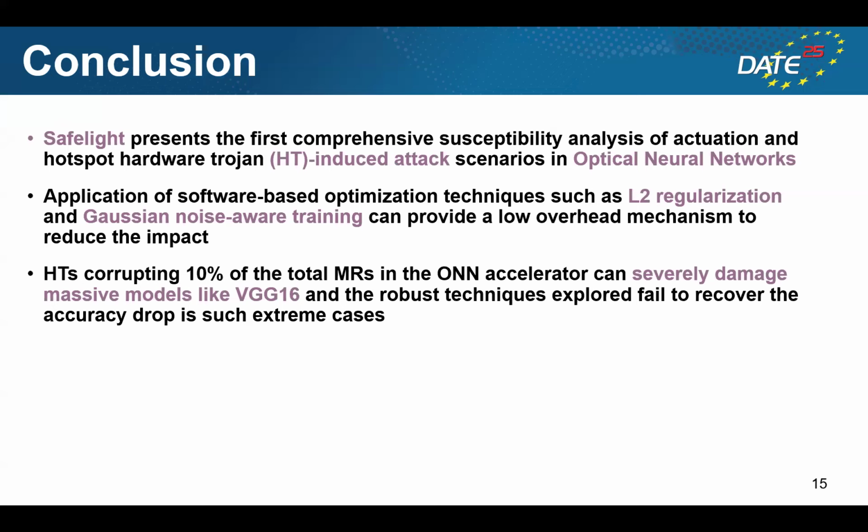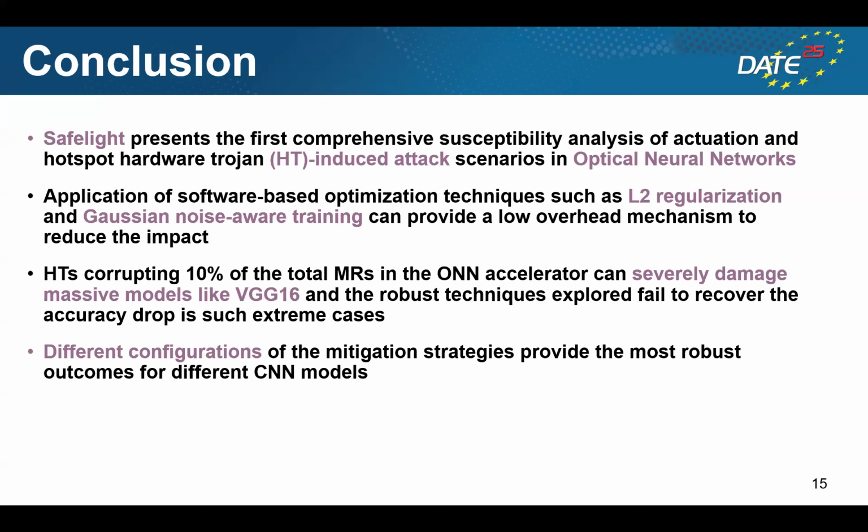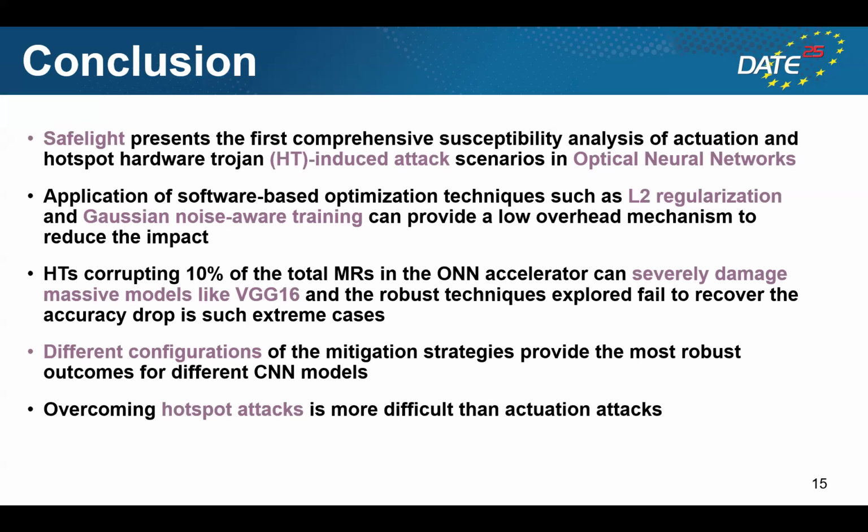We also saw that hardware Trojans corrupting 10% of the total MRs with massive models like VG16 can severely damage the model, and we weren't able to recover most of the accuracy drop. And we saw that different configurations of the mitigation strategies provided robust outcomes for different CNN models. And finally, it was shown that hotspot attacks are in general more difficult to overcome than activation attacks.